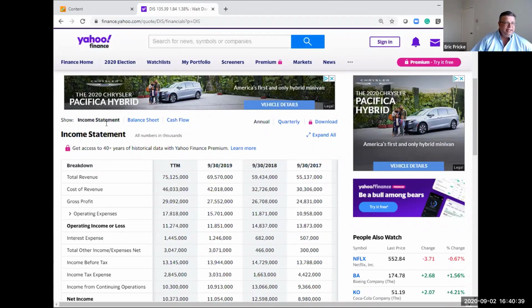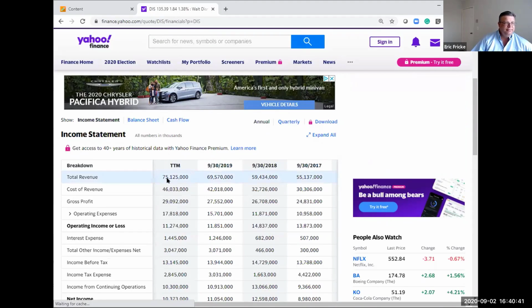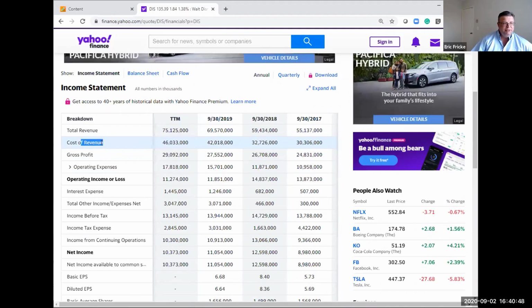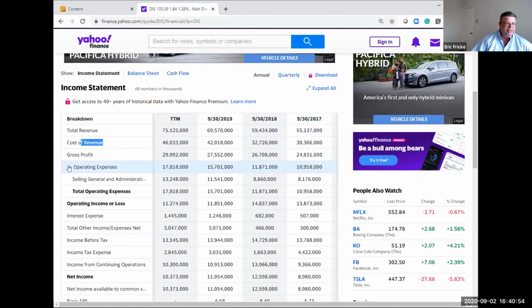Under the income statement, here's revenue, and cost of revenue, which is the same as cost of goods sold. For the different operating expenses, you have to hit that little triangle and open it up. Here's SG&A.